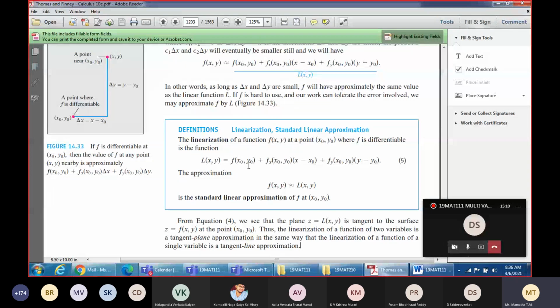plus the first derivative of the function, dou f by dou x. F suffix x is nothing but dou f by dou x at the point x naught, y naught, into x minus x naught, plus dou f by dou y into y minus y naught. Can you all mute?